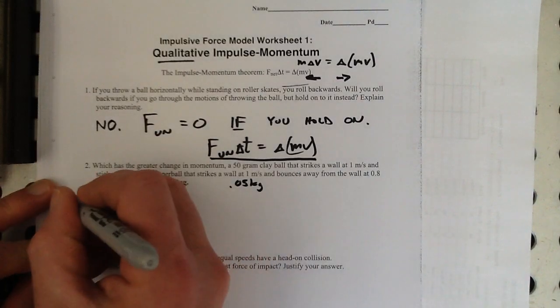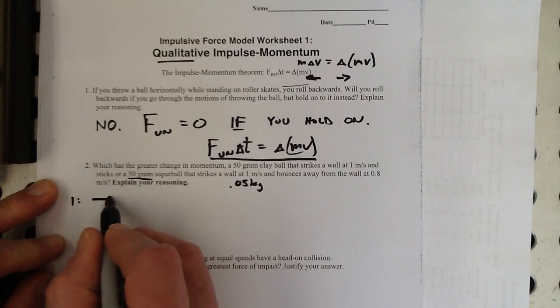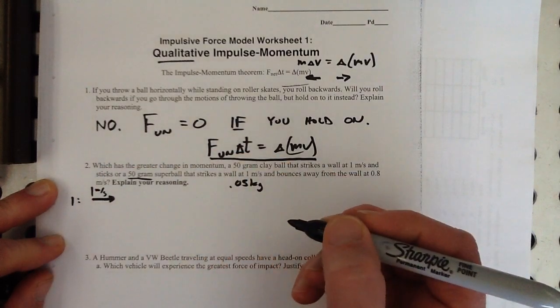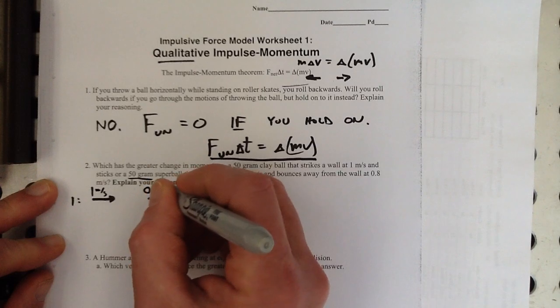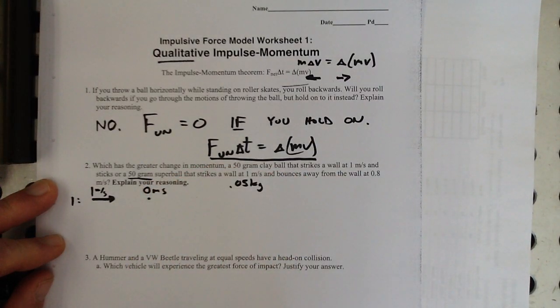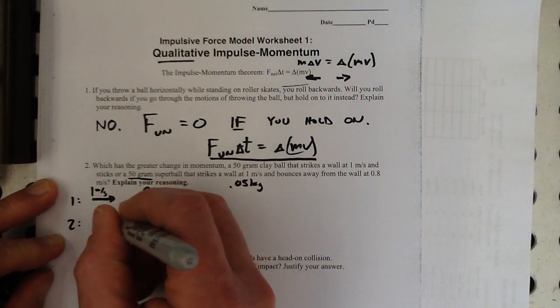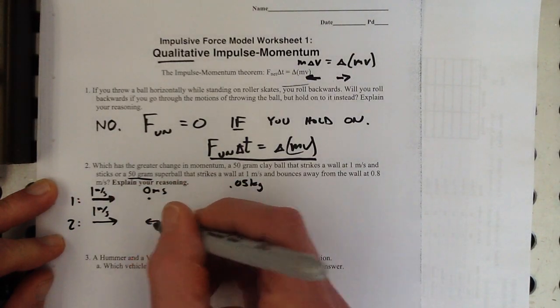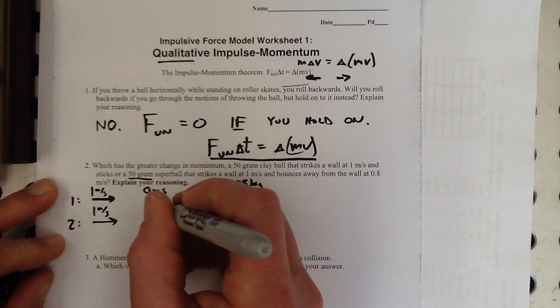So the first one is going this way with a velocity of 1 meter per second, and then it sticks, so afterwards it has a velocity of 0 meters per second. And the second one has a velocity of 1 meter per second this way, and then afterwards it has a velocity of 0.8 meters per second.